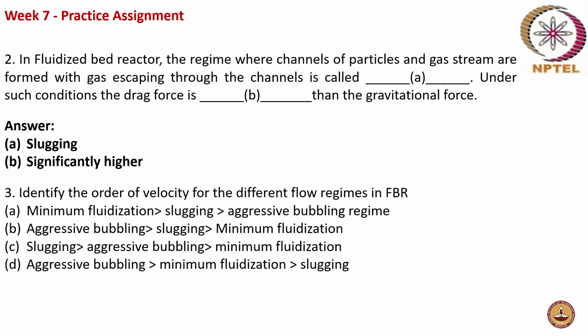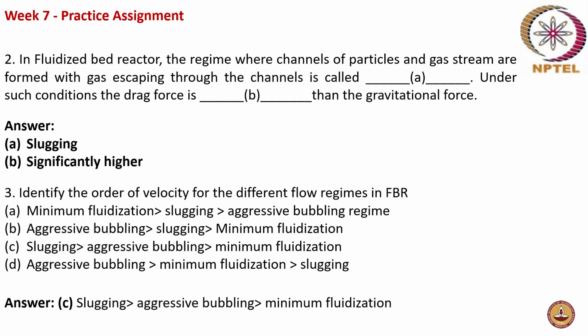Or option C, slugging velocity is higher than the aggressive bubbling velocity, which is greater than the minimum fluidization velocity? Or option D, aggressive bubbling velocity is greater than the minimum fluidization velocity, which is greater than the slugging velocity? So, which of these options is right in case of a fluidized bed reactor? The right option is slugging regime velocity should be higher than the aggressive bubbling velocity, which is to be higher than the minimum fluidization velocity.